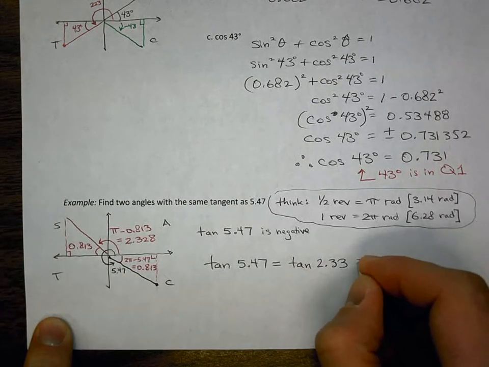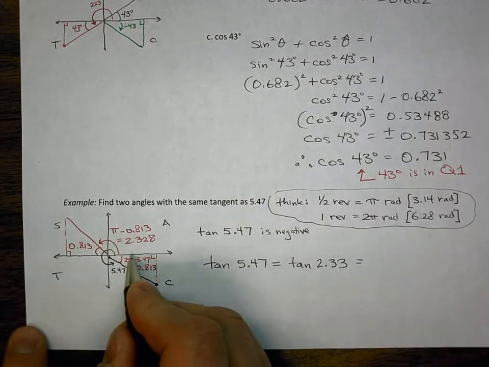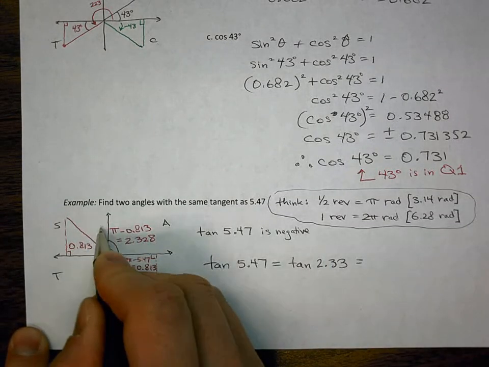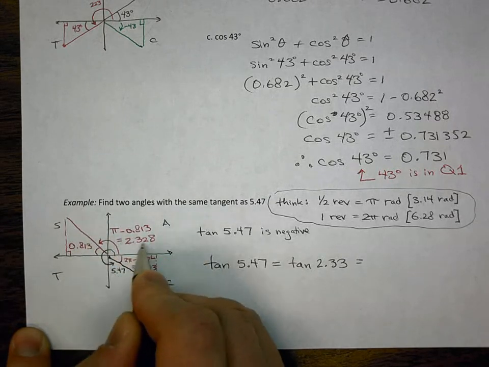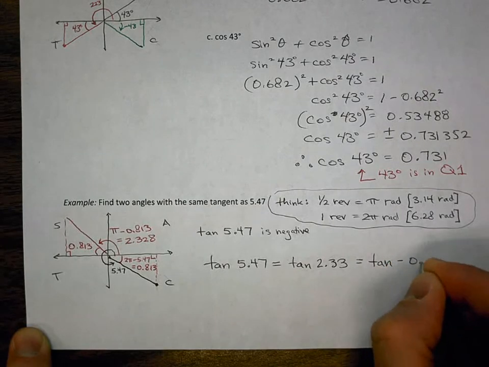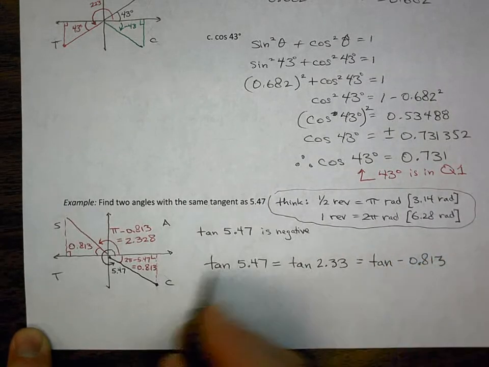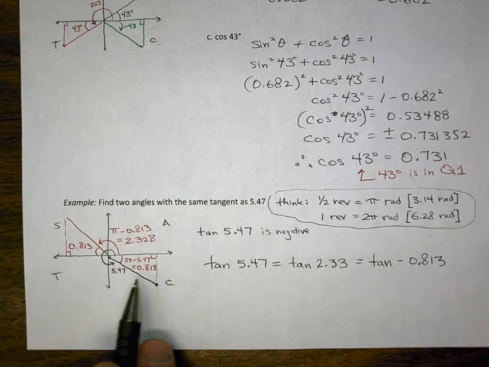What's another option? Well, another option would be to go all the way around and then some. So it would be to do a full revolution plus 2.3, or I could actually go negative. So tan of negative 0.813 will also give me a negative tangent because now I'm in this quadrant again. And I could keep doing this forever.